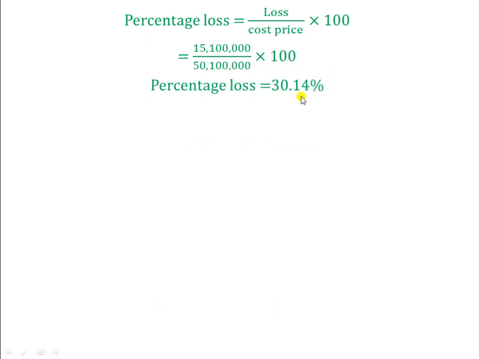That gives us a percentage of 30.14%. So we can conclude that Chris made a loss of 30.14%, which was significant. So if you're a good business student, you should not go for such bigger losses.